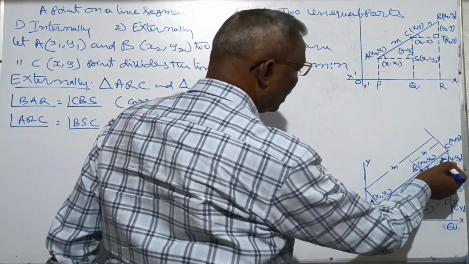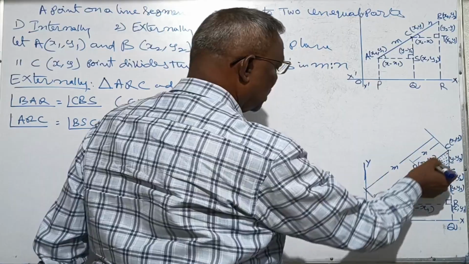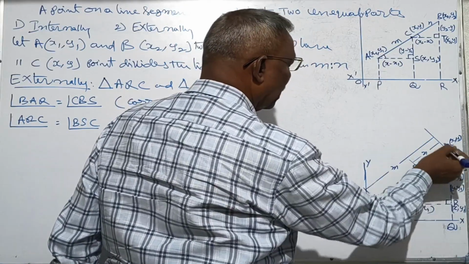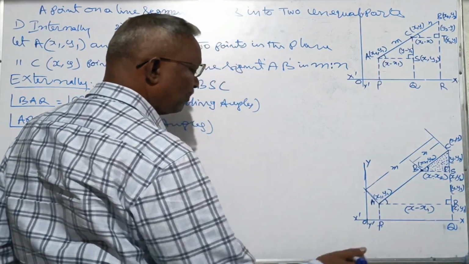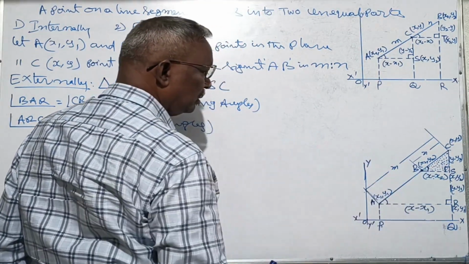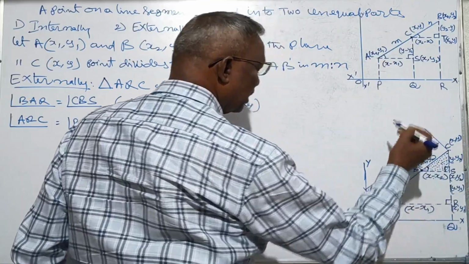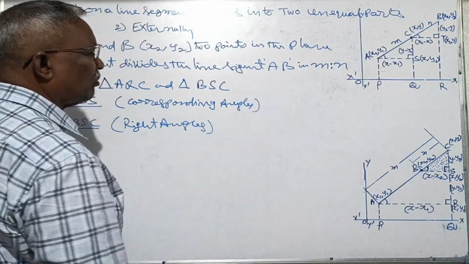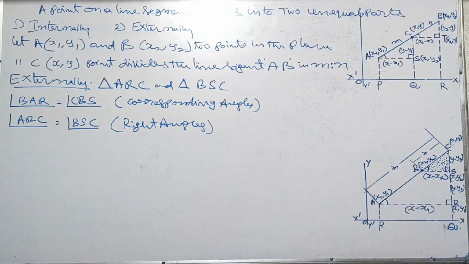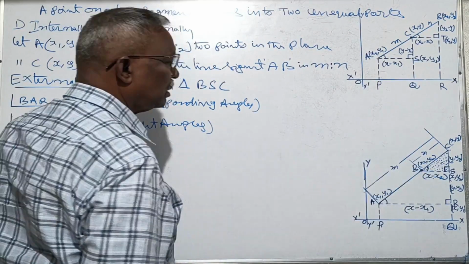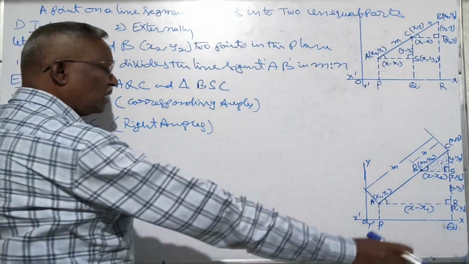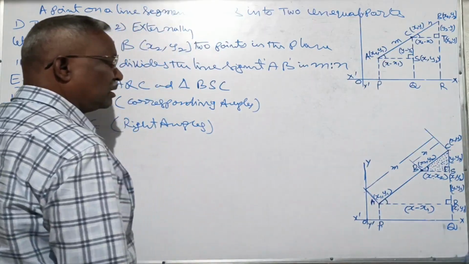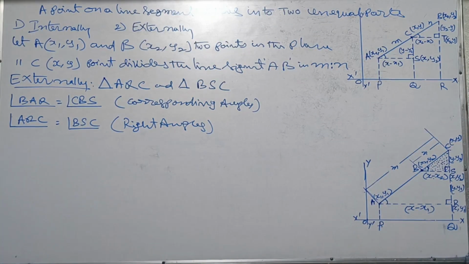Next, in both triangles, this is one triangle and the dotted one is some other triangle. In both triangles, this angle is equal to this angle, and this angle is equal to this angle. So in two triangles, two angles are equal, which means AA similarity of the triangles.